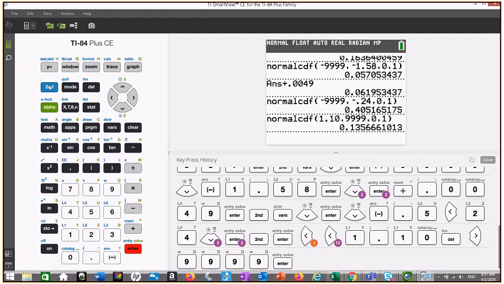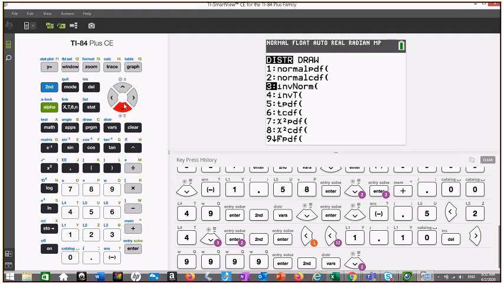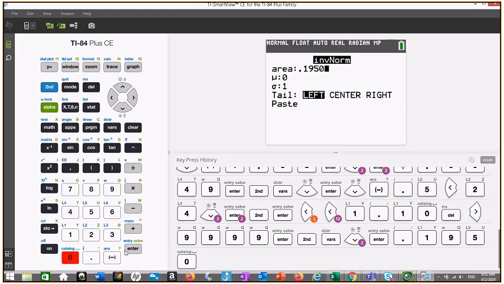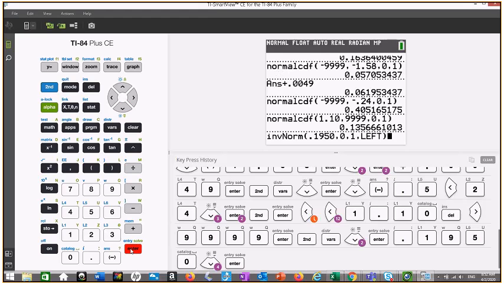Second vars, inverse norm, 0.1950. And it's already on the left tail, so you're good. I'll say it's going to be negative 0.8. That's what I think it's going to be by the empirical rule. And enter.